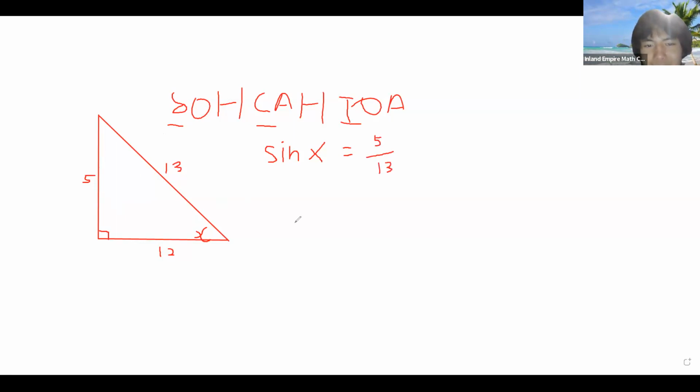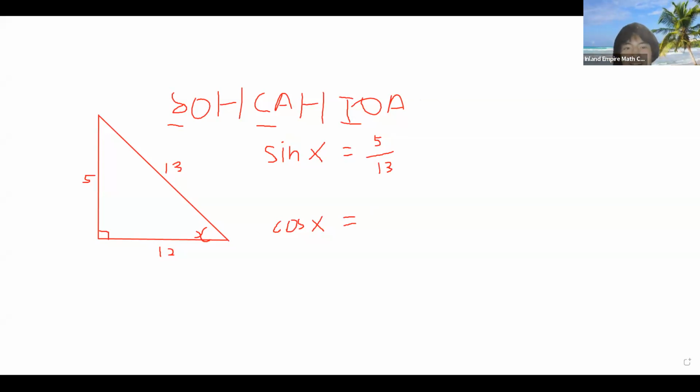Oh, okay. Well, Jasper, since we know now that it's not a lot of work, why don't you compute cosine of x? What's cosine of x? Remember CAH, adjacent over hypotenuse. Jasper, any ideas?